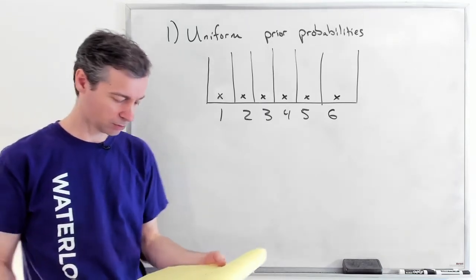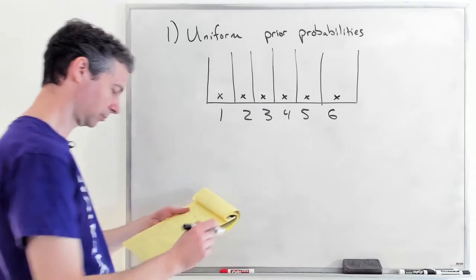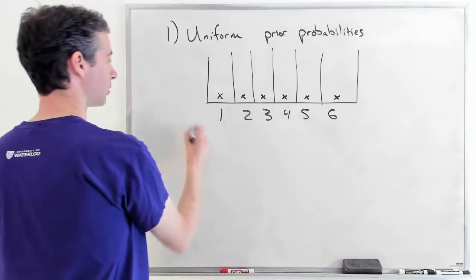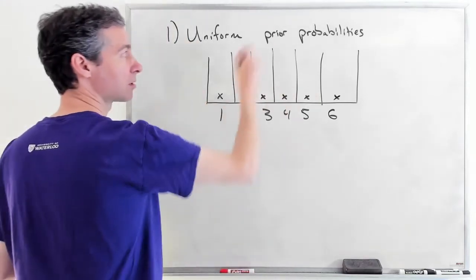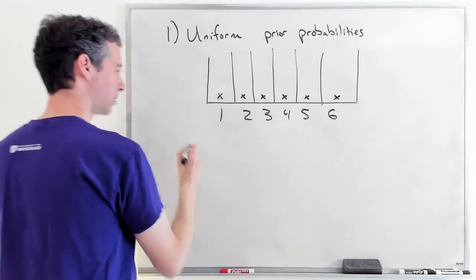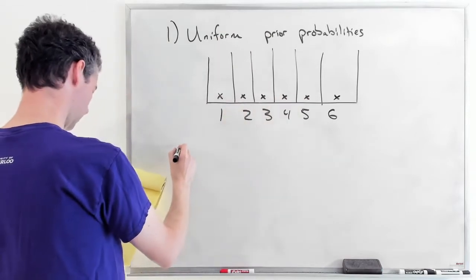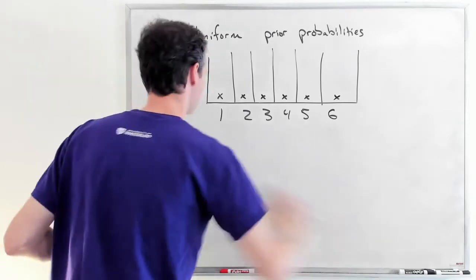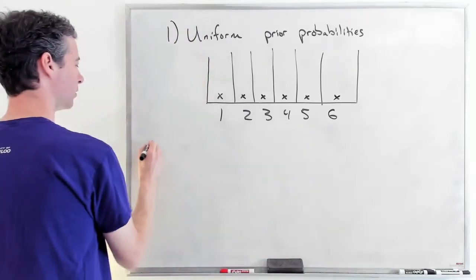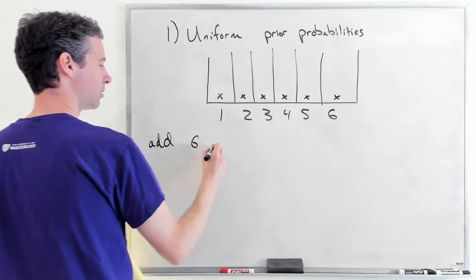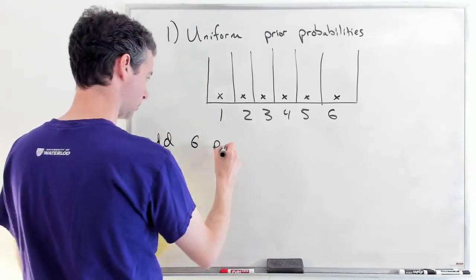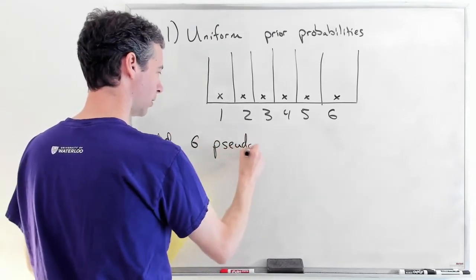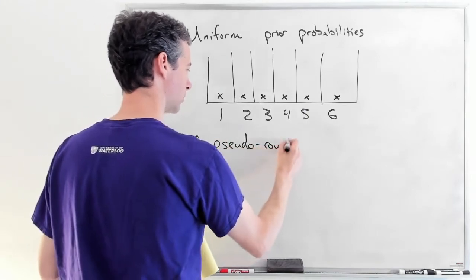What we do here is, when we stick in these, we call these pseudo counts. So this notion is to add 6. I always find pseudo a hard word to spell. Pseudo counts.